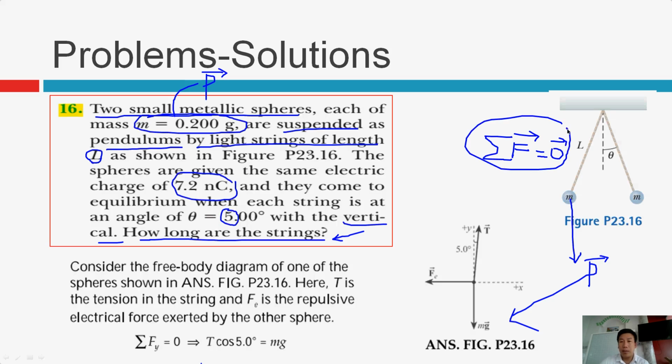And after we know that in the stable position, the total force is equal to 0, we need to find the total force here. The forces we have are P, the gravity force, and this is the tension, the force from the string.